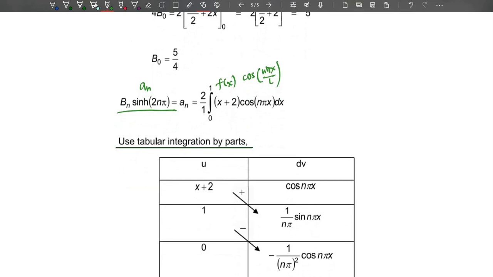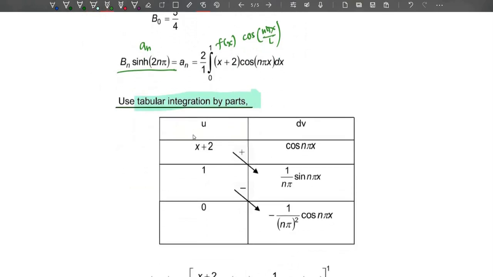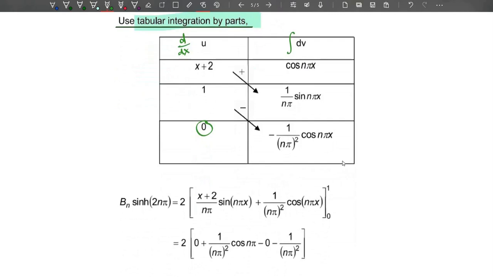So we'll be using the tabular integration by parts. u will be represented by the algebraic function, and you need to differentiate until you get 0. And dv is the trigonometric function, which you need to integrate. Solve this tabular integration and differentiation, and then don't forget the diagonal line, plus minus.